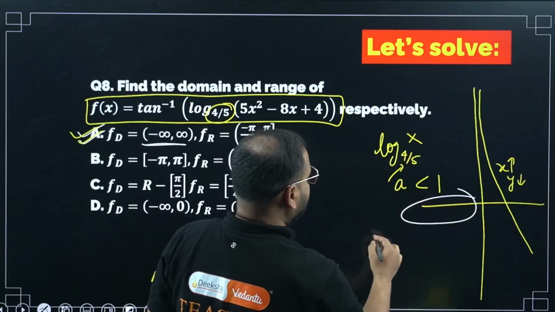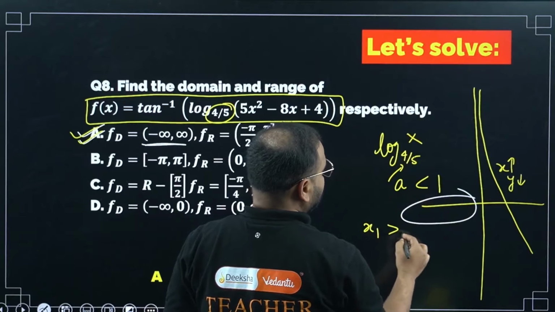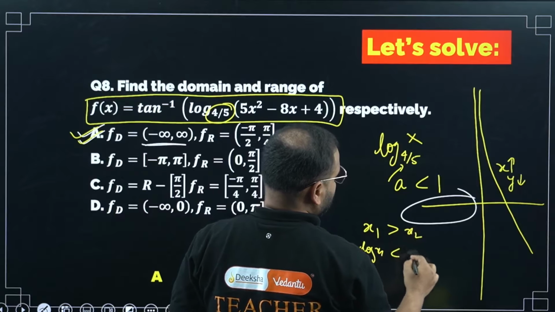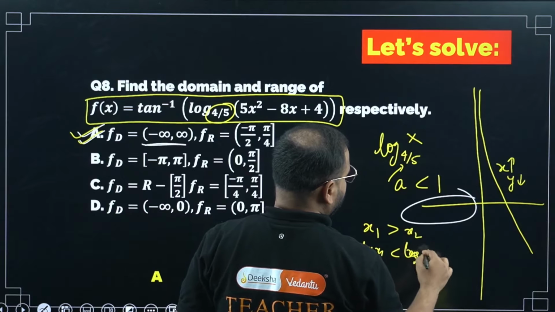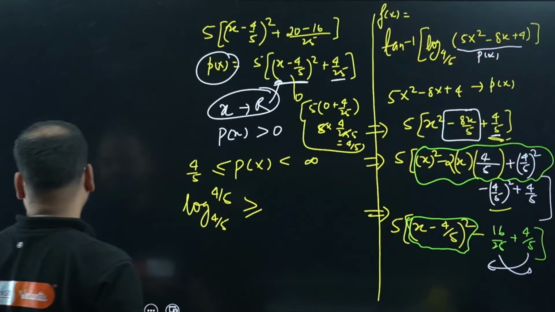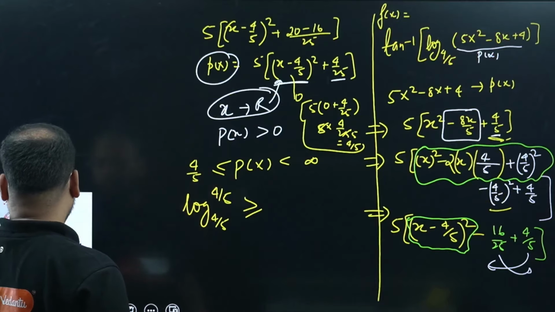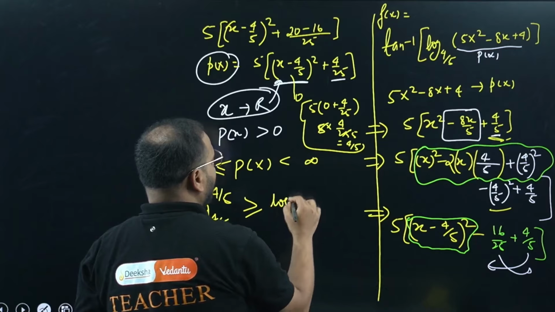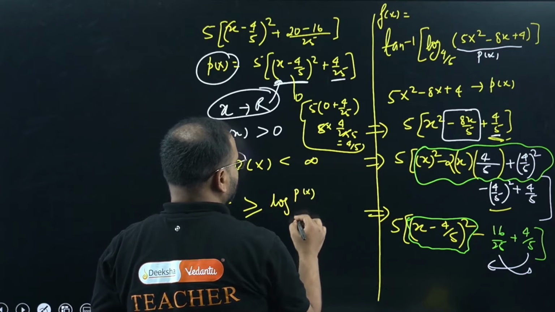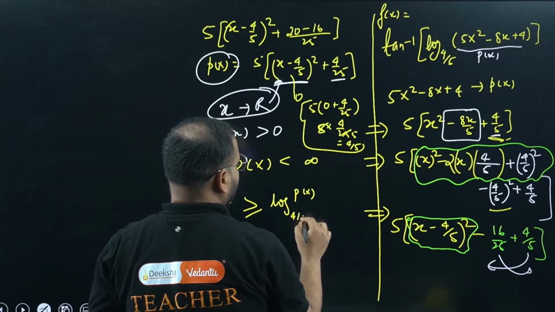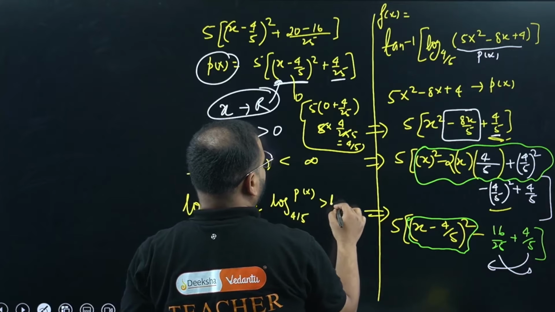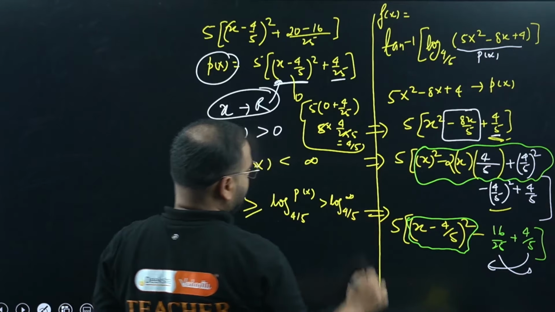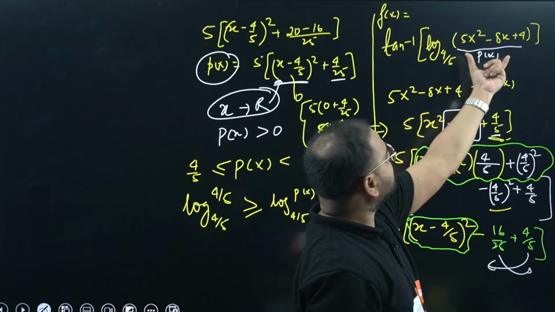It means if x1 is greater than x2, then log of x1 will be less than log of x2. Same thing here, so the inequality changes. Less than will become greater than, and this will become log of px to the base 4 by 5 greater than log of infinity to base 4 by 5. What is px? This whole value is my px.